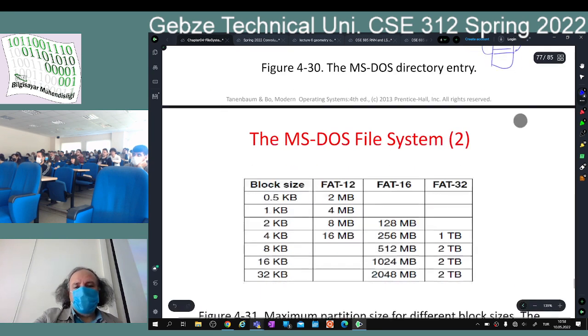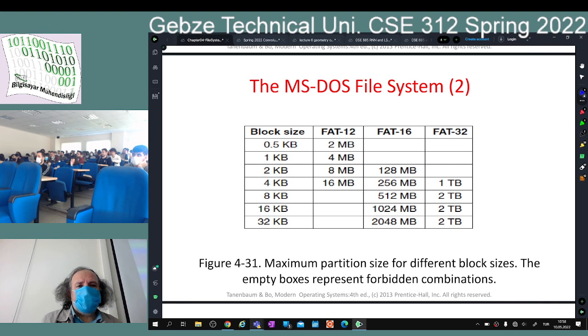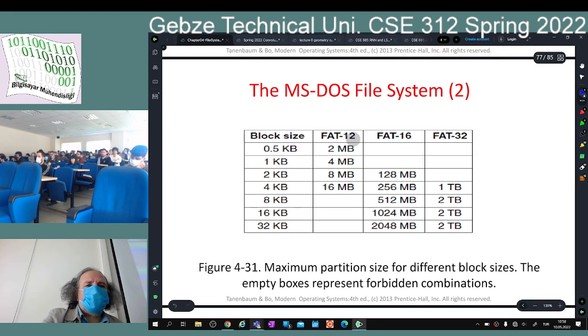Depending on the block size, again, we have different versions of the file allocation table file systems. FAT12 means that I am using 12 bits to address the blocks.